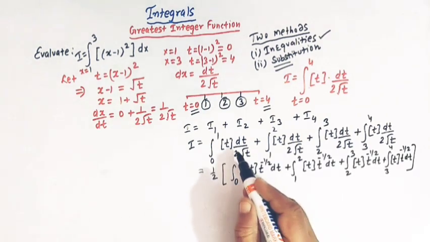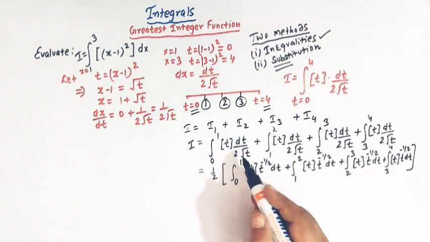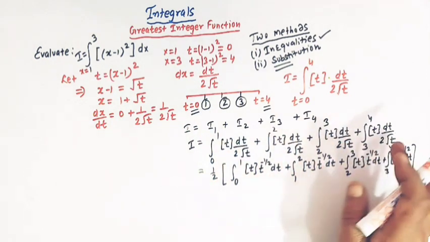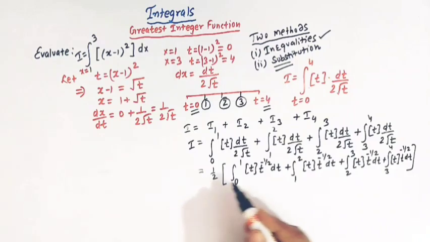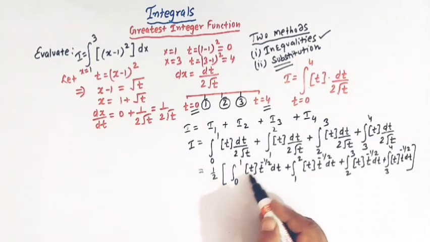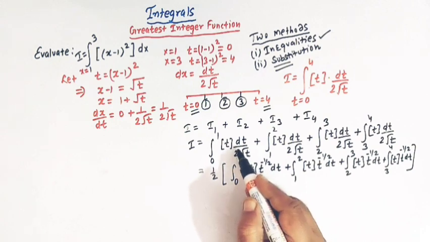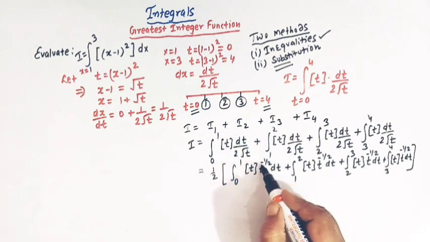Now in the second step, we can take this half common from all four integrals. We write 0 to 1 of the greatest integer of t, and we take the square root of t to the numerator by taking the exponent as negative half.